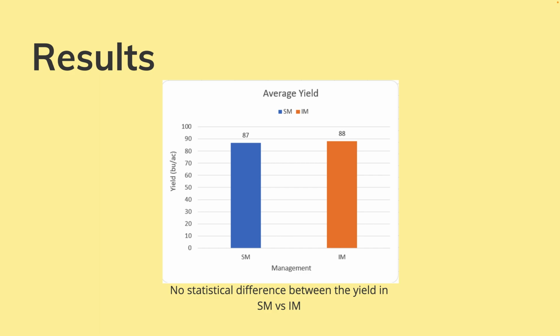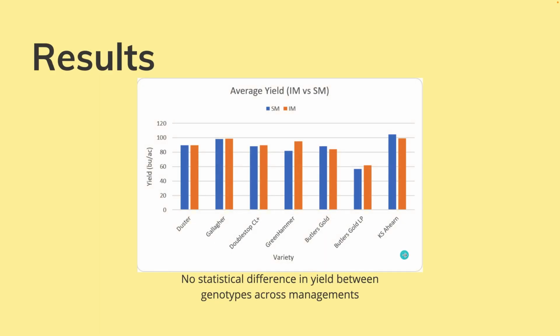And moving on, you can see why they were so similar, because in blue you can see the average yield for each variety in center management, and in orange you can see the average yield for each variety in intensive management. And you can see how little they differ.